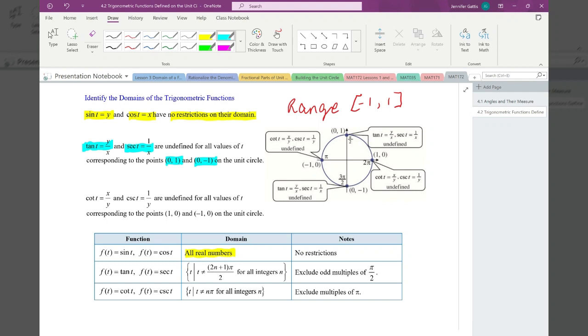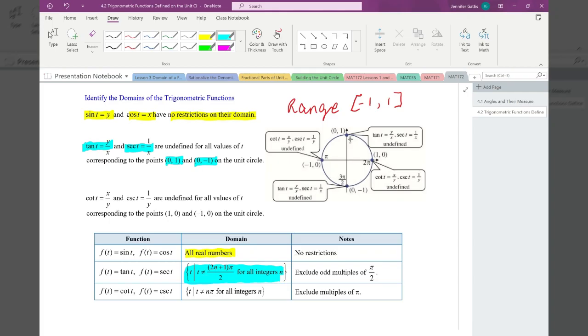So tangent and secant are defined for any value of t such that t is not falling into this 2n plus 1 pi over 2.